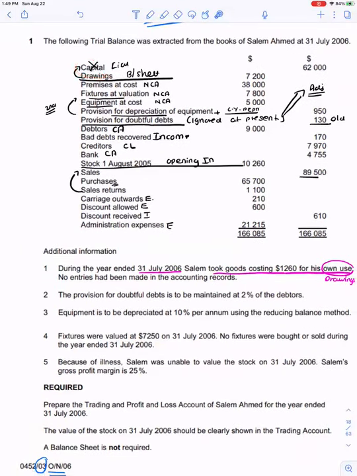But the drawings in the adjustment has two effects. One, it is adjusted in cost of sales. Second, it is added to the drawings of the trial balance. So the first adjustment I have to adjust in cost of sales, and second I will add 1260 over here in the trial balance.